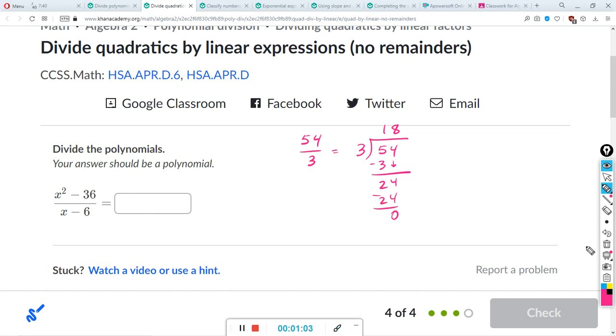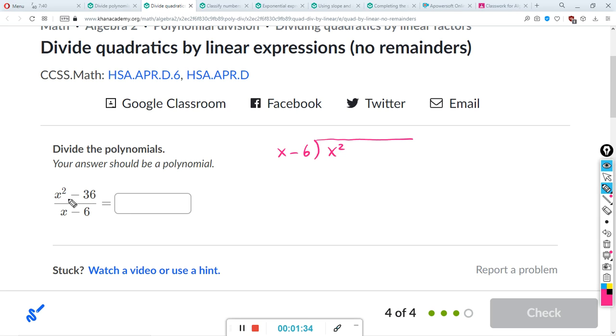Same thing. So x minus 6 is the denominator, and the numerator is x squared minus 36. Now, we want to write these in order of decreasing exponents. So we start with x squared.